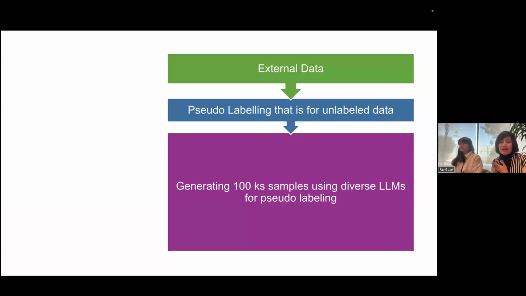As Anya mentioned, all of those winners used external data and pseudo labeling. The pseudo labeling was simply using unlabeled data, and they generated pseudo labels through diverse LLM techniques. They provide a bunch of unlabeled data, train the pre-trained models on the training data, and then use those models to predict the labels of the unlabeled data.